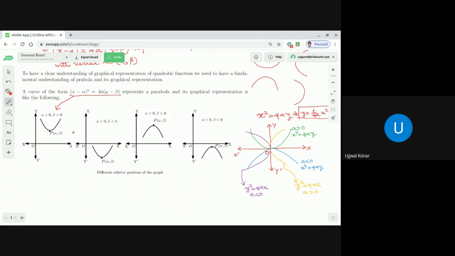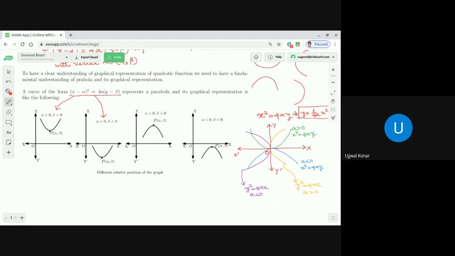Both are flipped upward, but in this case it is flipped upward below the x-axis because beta is less than 0. The y-coordinate of the vertex is less than 0. So when a is greater than 0 but beta is less than 0, we get this kind of shape of the curve.